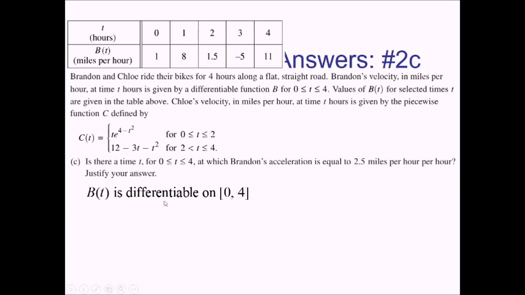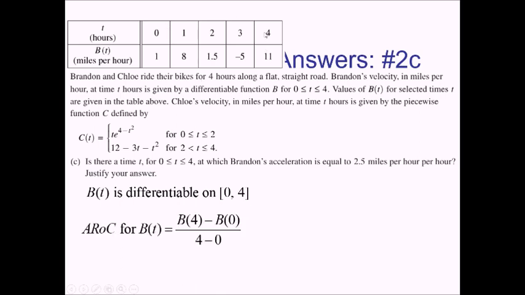So this covers everything right here, this statement. Since this is the case, it is also going to be the case then that the average rate of change of b of t over 0 to 4 is going to equal the instantaneous rate of change for some value on that interval. So what is the average rate of change from 0 to 4? That's going to be b of 4 minus b of 0 over 4 minus 0.